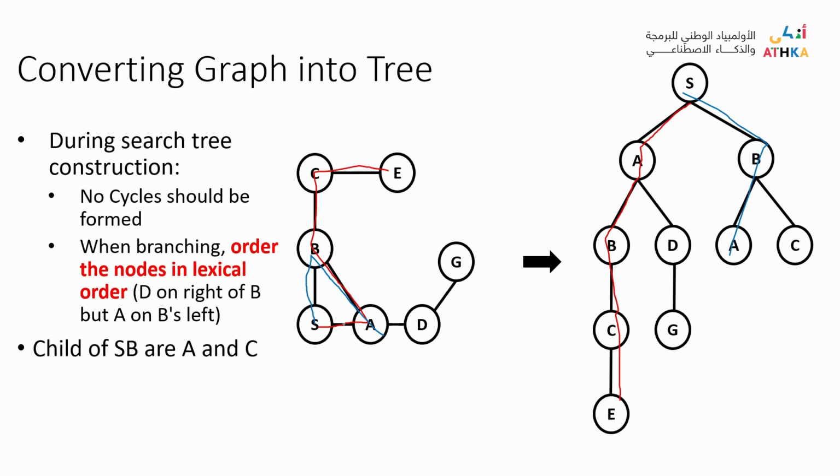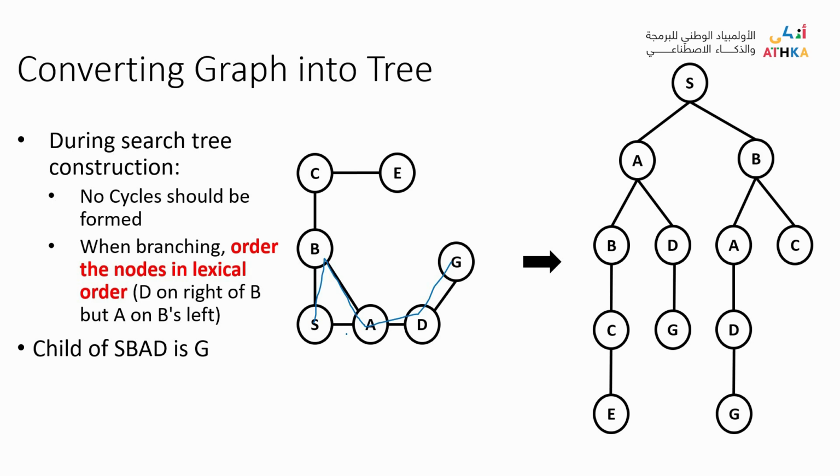Now from A, I will not go back to S because I don't want a path that bites itself, as they say. It doesn't go back to the same state that you were in previously. So from A you will go to D, and then from D you will go to G. So notice SBADG, this is a new path that you have.